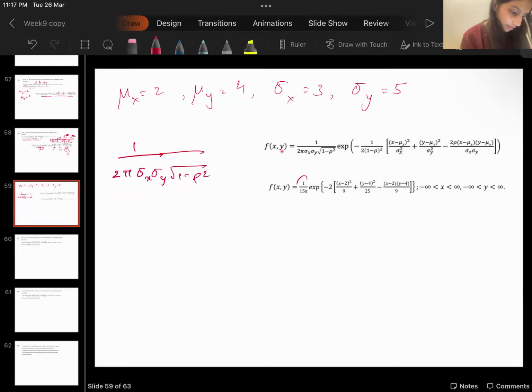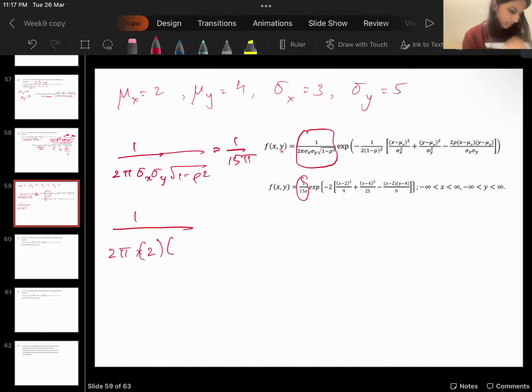So if you look at this part, this is equal to 1 by 15 pi. Now you can apply all these values here to get the value of rho. 1 by 2 pi into sigma x is 3 and sigma y is 5, times square root of 1 minus rho square is equal to 1 by 15 pi. Let's cancel out these pi's in the denominators. 5 3s are 15.